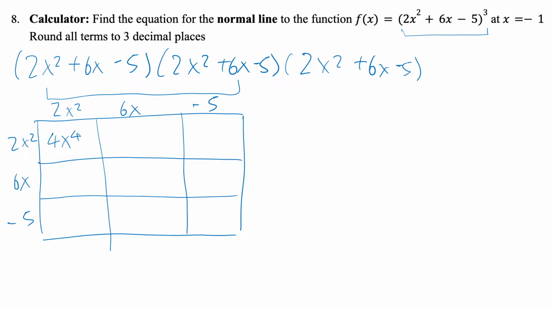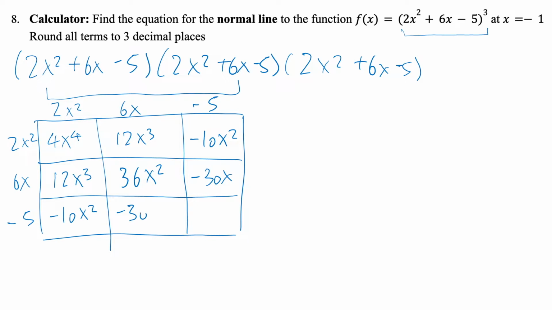So we get 4x to the 4, 12x cubed, -10x squared, 12x cubed, 36x squared, -30x, -10x squared, -30x, and 25. So if I add all the terms together, I get 4x to the 4th plus 24x to the 3rd plus 16x squared minus 60x plus 25.